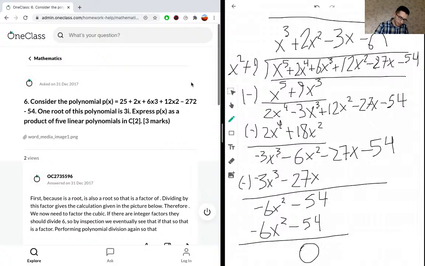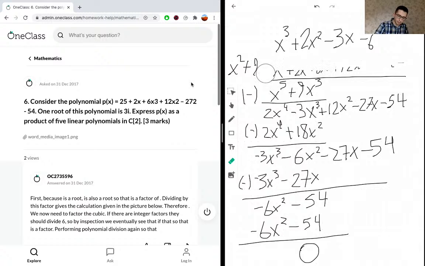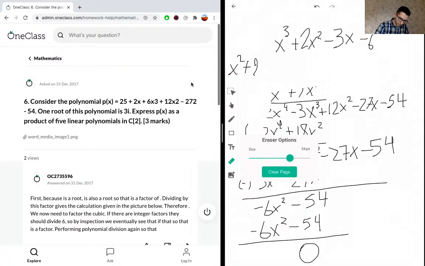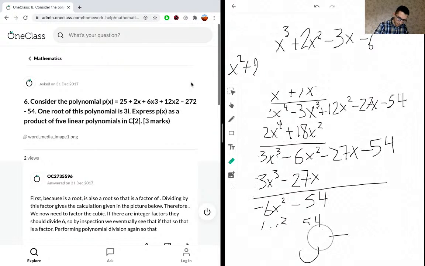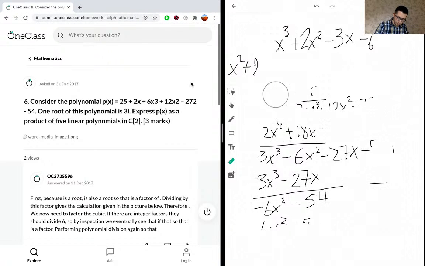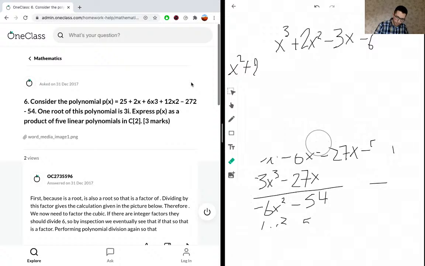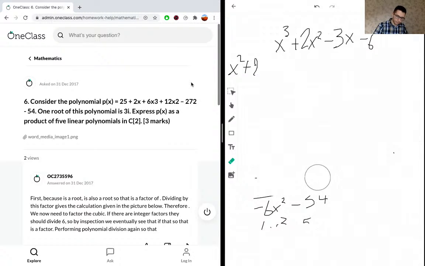Okay, so I'm going to erase most of this stuff so we can go on to the next thing. I'm going to leave the important information that we've solved so far. I'm just going to make this a little bigger. Okay.